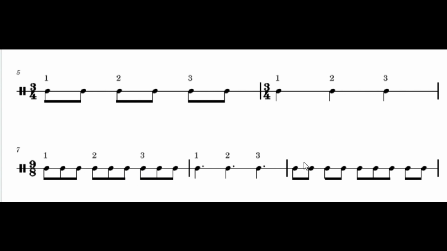Here, according to the grouping of it, there's a mixture of duple and triple: 1, 2, 1, 2, 1, 2, 3, 1, 2. Do they, do they, do baddy, do they.